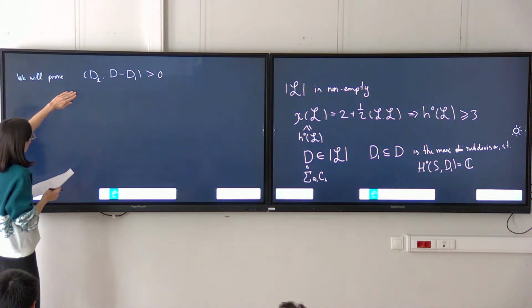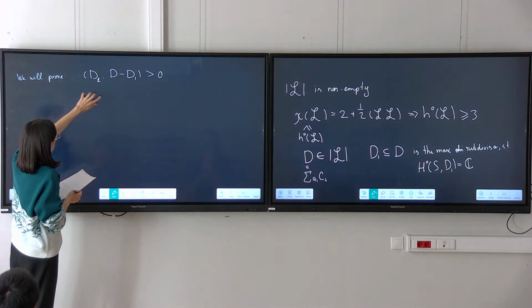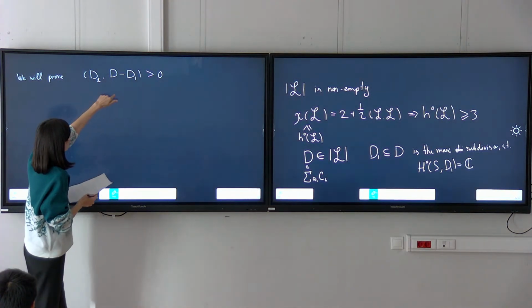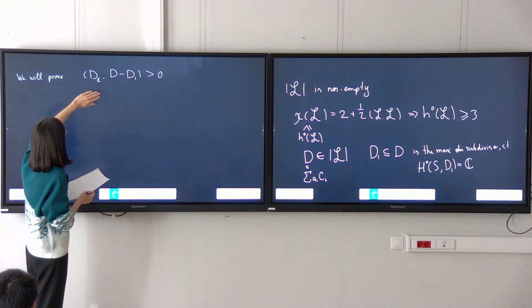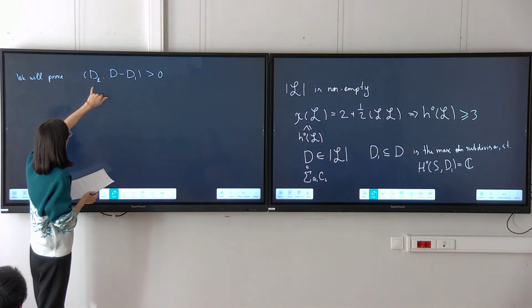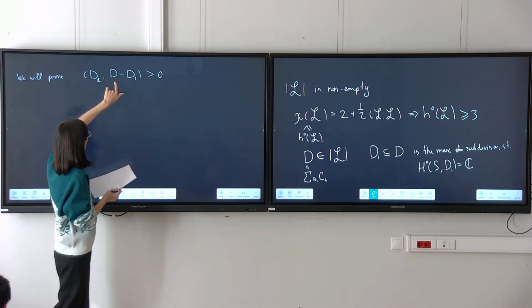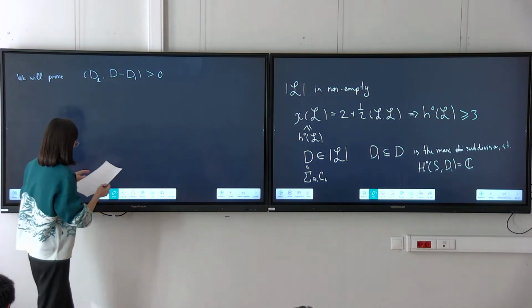So this will follow from the Hodge index theorem, but it's a bit technical, so let me prove this statement in the end of the proof. And now let us suppose that we know this, that if we intersect D1 with D minus D1, then we obtain something positive.